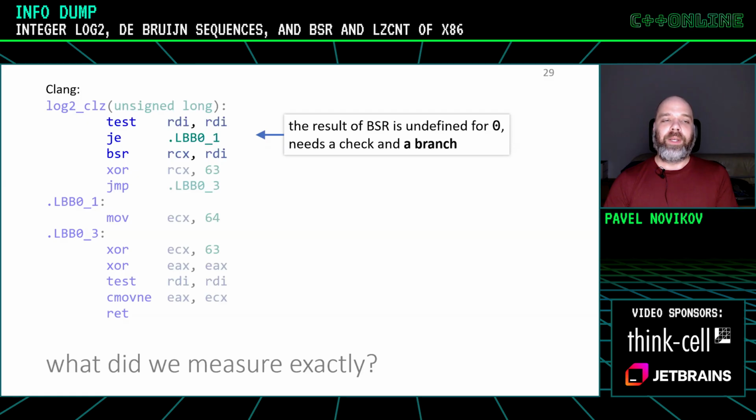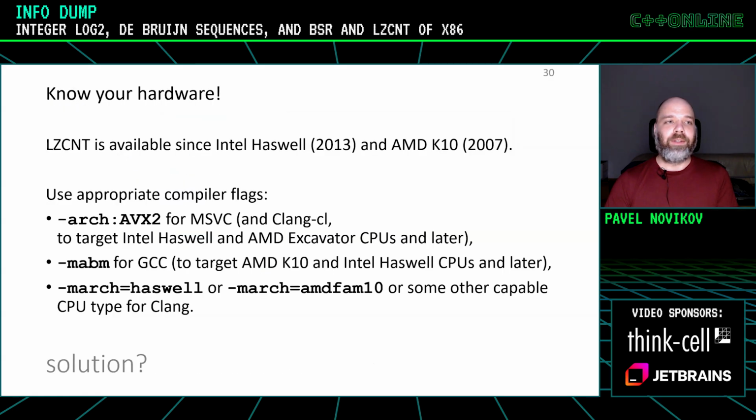Theoretically, if half of our inputs are zeros, we should get a performance penalty, because our branch cannot be predicted correctly in all cases, but I could not reliably measure that, so I don't provide results about that.